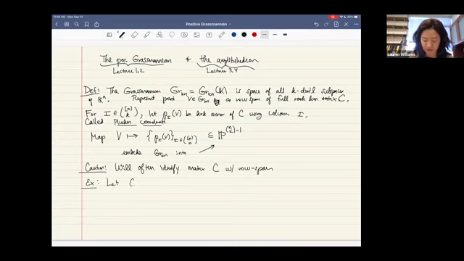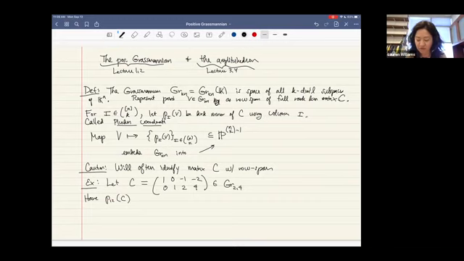So let's do a small example. Let C be this 2 by 4 matrix, which I'm identifying with its row span, which is a 2-plane in a 4-dimensional vector space. Now if we compute its Plücker coordinates, P_{1,2}(C) is the determinant of the 2 by 2 matrix in columns 1 and 2.